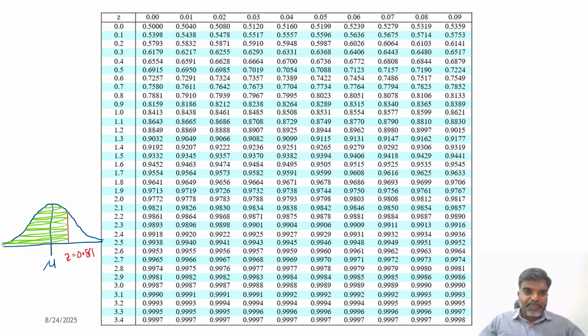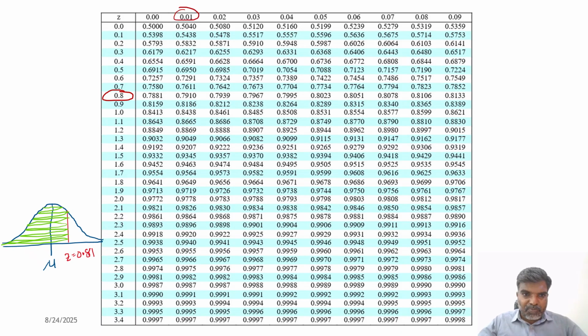In this table, you can see the first column; these are the values of z. In this first column, you can find 0.8. You can find it here, 0.8. But the number is 0.81, so here is 0.8, and in the top row you can see 0.01.